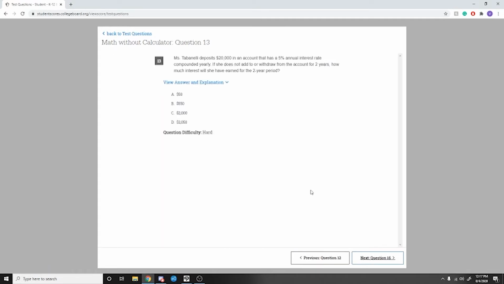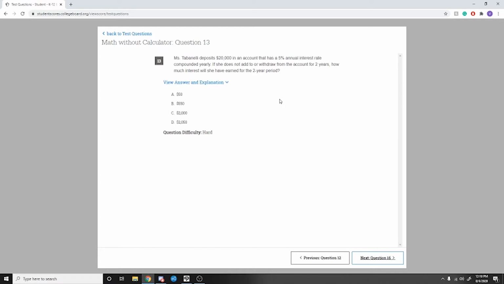Oh, next one. Miss Tabonelli deposits $20,000 in an account that has a 5% interest rate, compounded yearly. If she does not add or withdraw from the account for 2 years, how much interest will she have earned for the 2-year period?